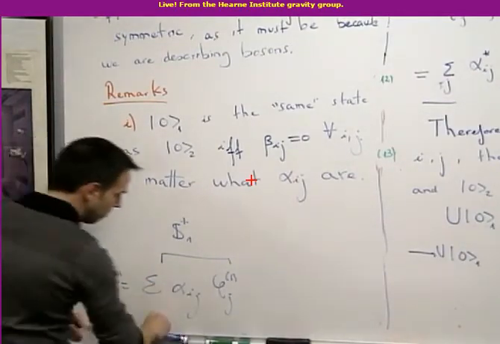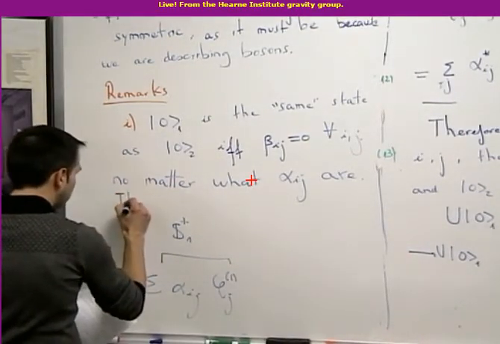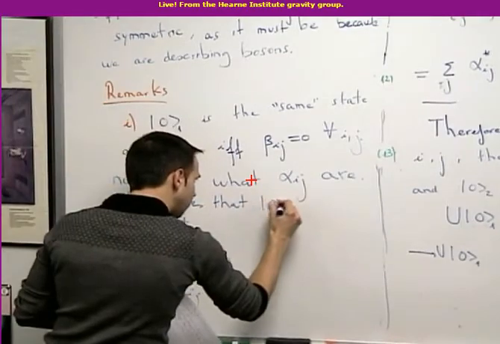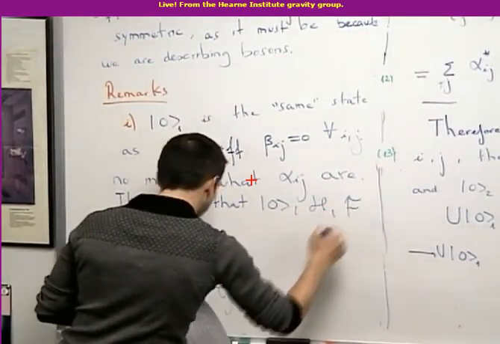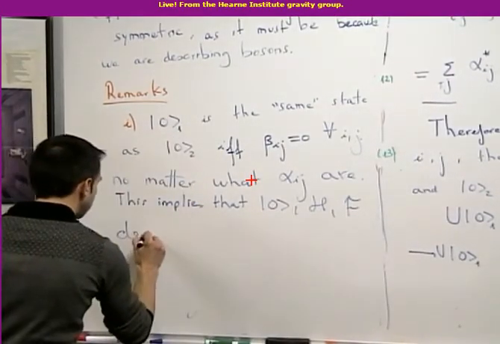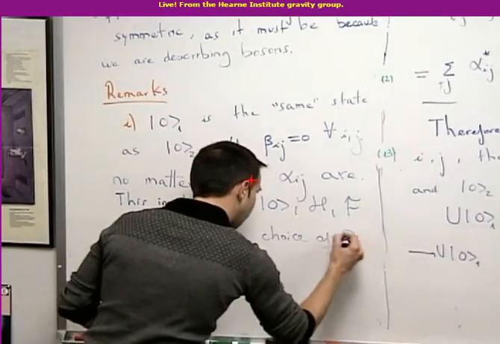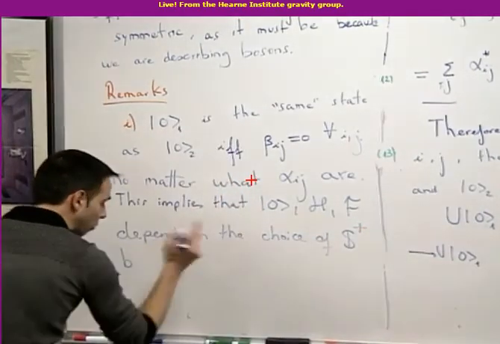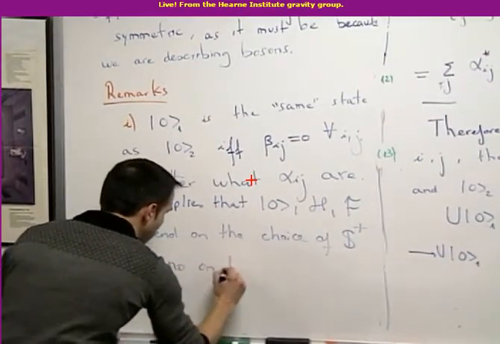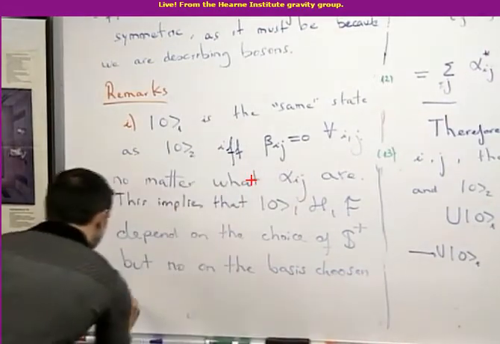So this is telling us that this implies that the vacuum, the one particle Hilbert space, and the Fock space, let me erase this auxiliary equation, depend on the choice of S plus, but not on the specific basis we choose inside S plus.